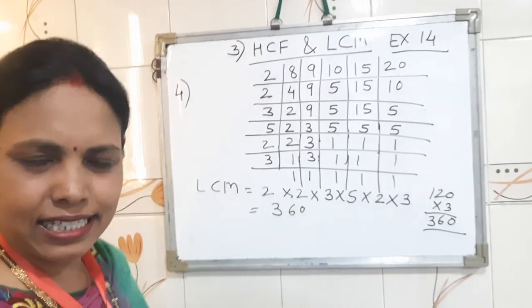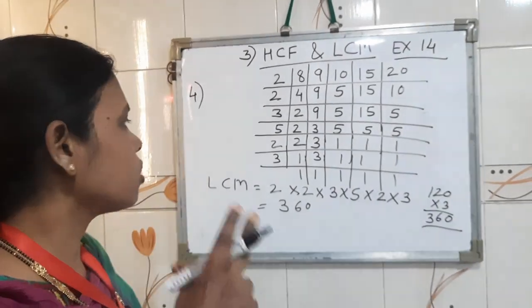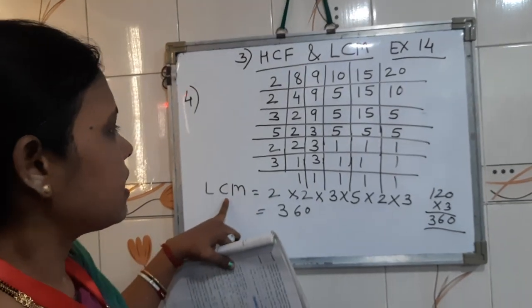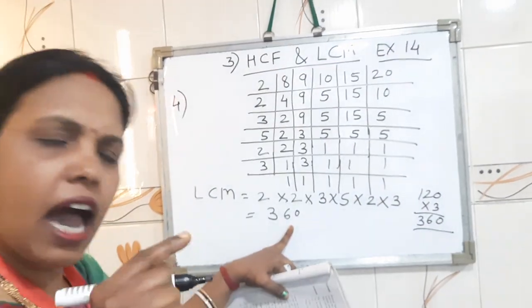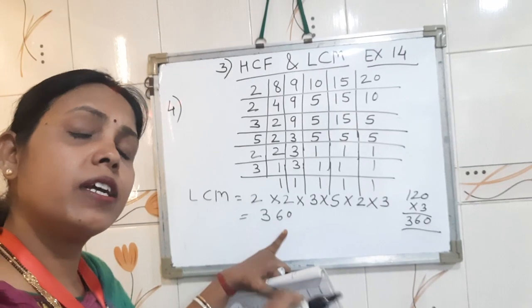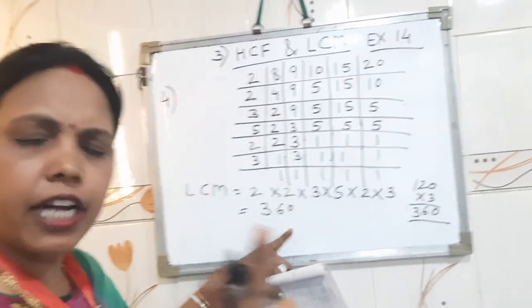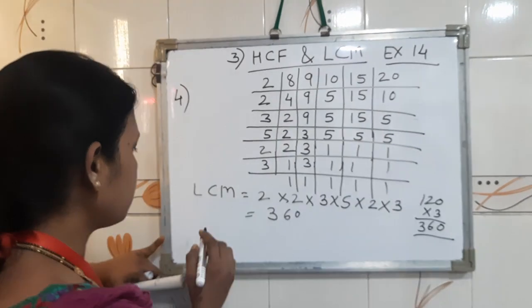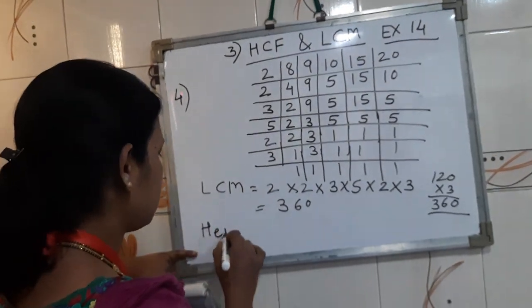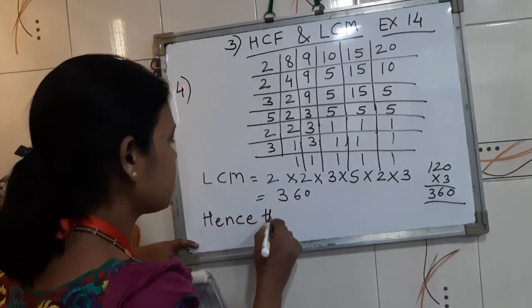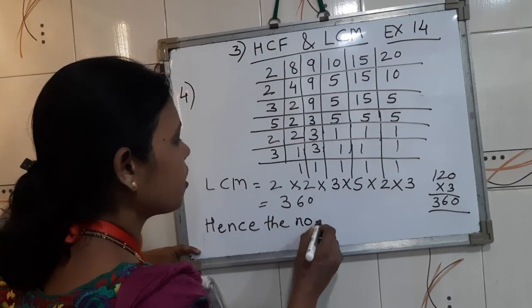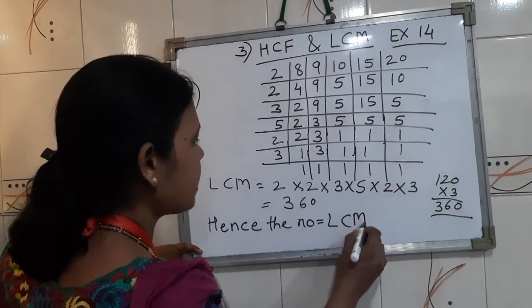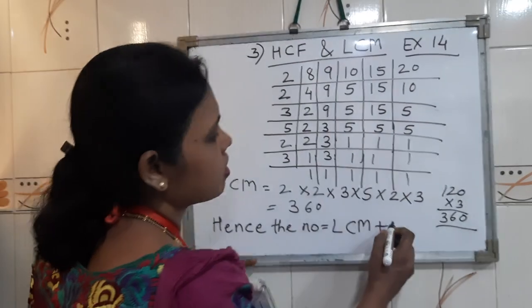Children, here the LCM of the numbers is given. We got the LCM, and after that when we divide, every time we should get remainder 5. That's why what we will do: the number equals LCM plus remainder.